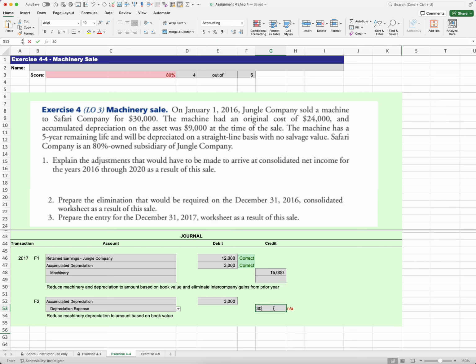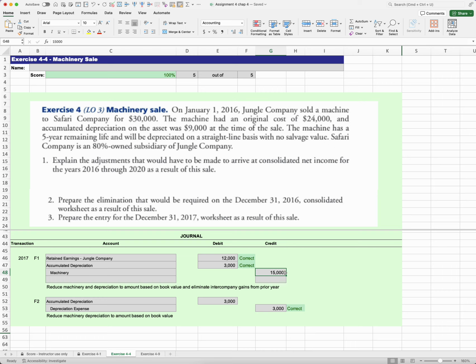But it was important for us to recognize that, hey, we took too much depreciation as far as the consolidated group is concerned, so I need to reduce that amount and I need to reduce the accumulated depreciation. So this particular bit took care of 2016's excess depreciation. This particular bit in F2 pertained to 2017's excess depreciation, and the remaining portions ensured that the machine was brought back down to its original book value, which was the book value for the consolidated group.